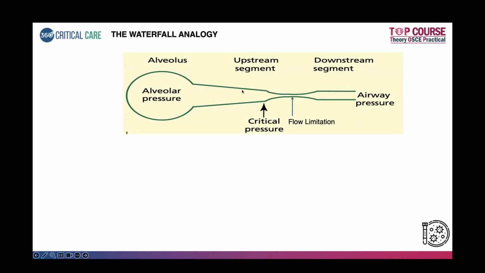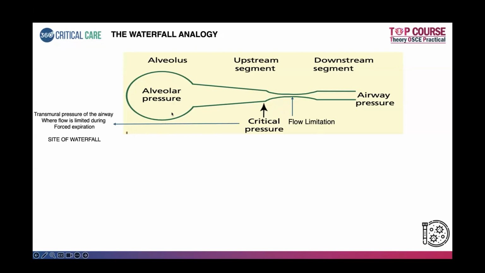So because of a bronchoconstriction, there is an airflow limitation whereby there is a narrowing of your airways. This area will be the waterfall. And this pressure, which causes this collapsibility of the airway, is called the critical pressure. So it is nothing but the transmural pressure of the airway where flow is limited during forced expiration. So this is the site of the waterfall.